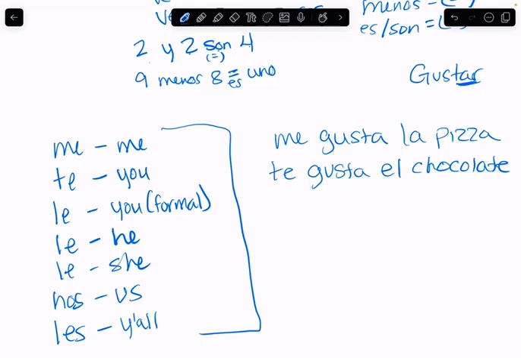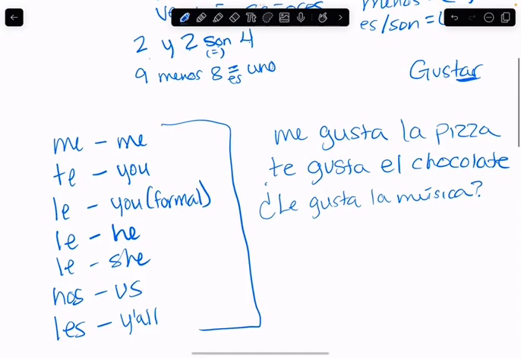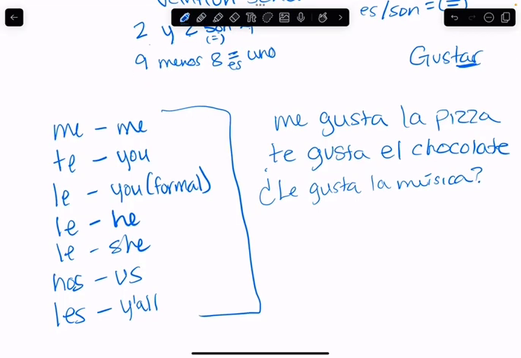Does this make sense? And if I'm talking about the president of the college, I can ask him, excuse me, ¿le gusta la música? And he would say, sí, me gusta la música, or no, no me gusta la música. Or I'm sorry, she. Does this make sense? So all it is explaining likes and dislikes using me, te, le. Me, te, le.